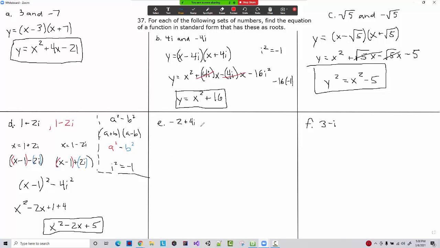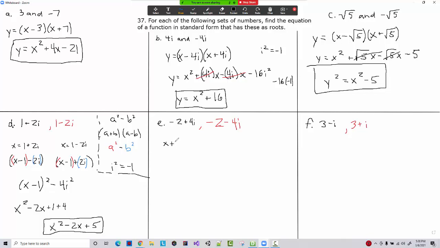The first thing we're going to do is go ahead and identify our conjugates, right? So this will be negative 2, I have plus 4i, so this would be negative 2 minus 4i. And then over here, I have 3 plus i. And so we can go ahead and do the same things we did here, where basically I have x, and I'm just going to move everything over.